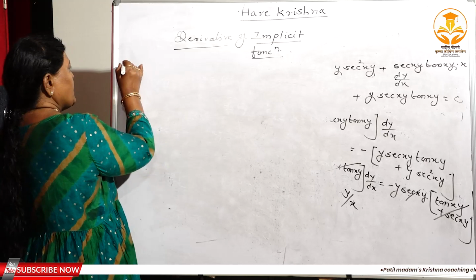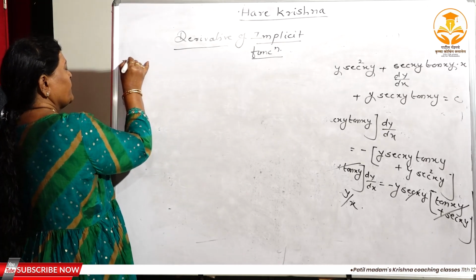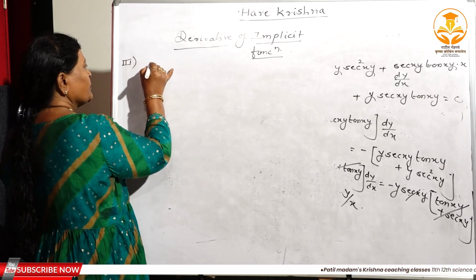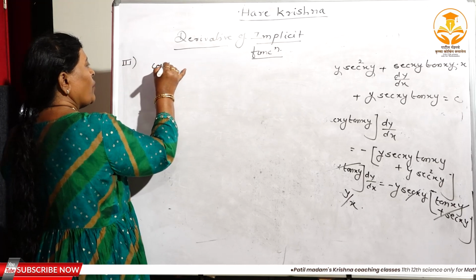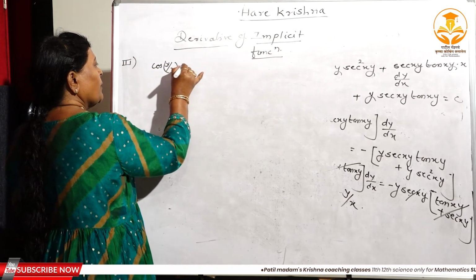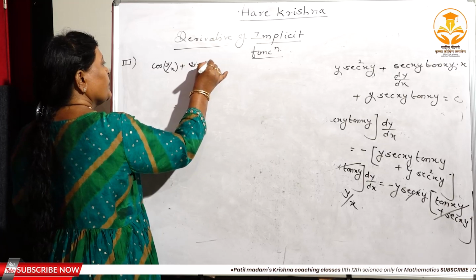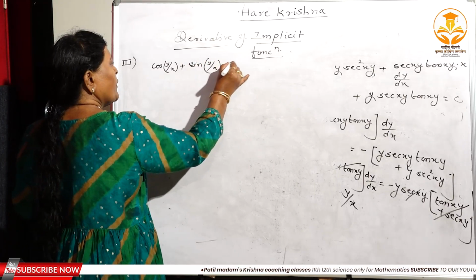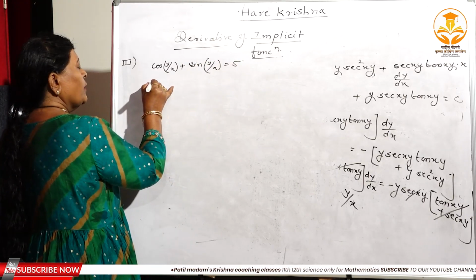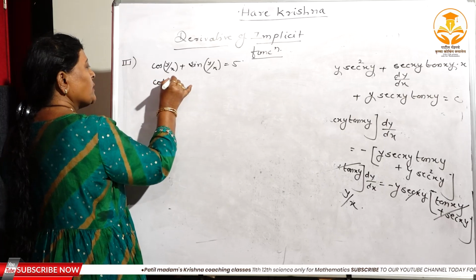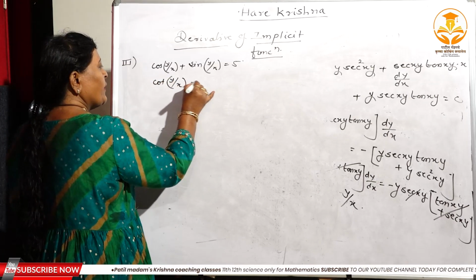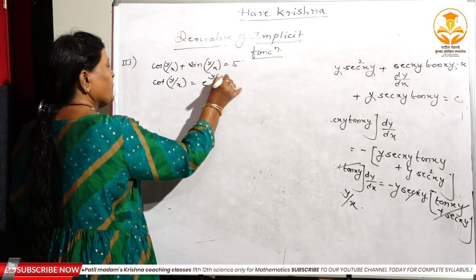The third bunch, see here, the third bunch. Again, cos y by x plus sin y by x is equal to 5, right? Now, cot y by x is equal to e raised to y by x, right?